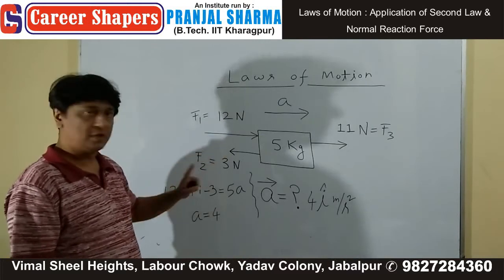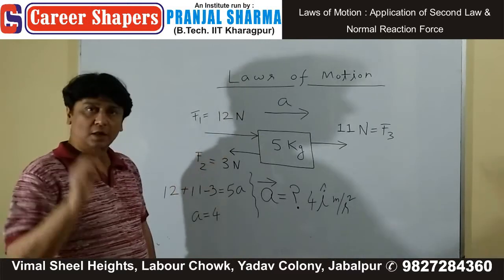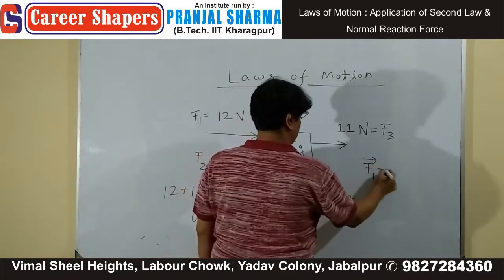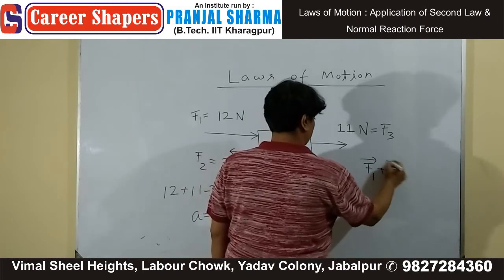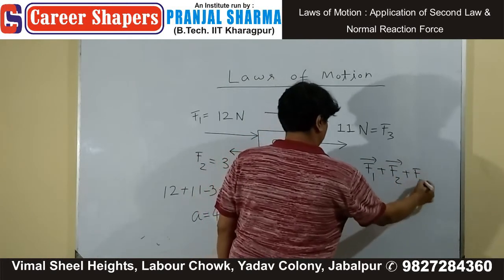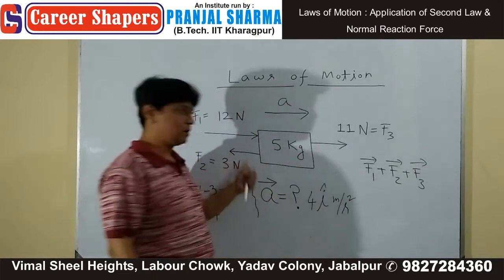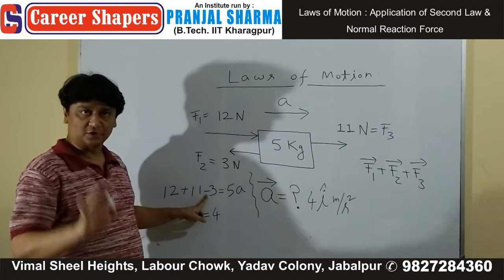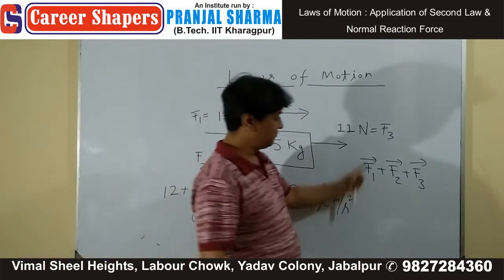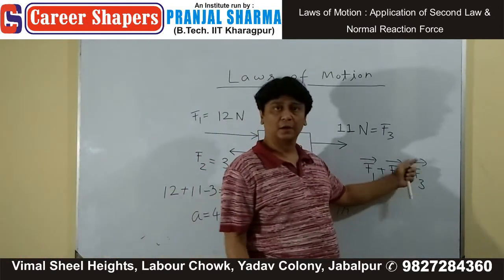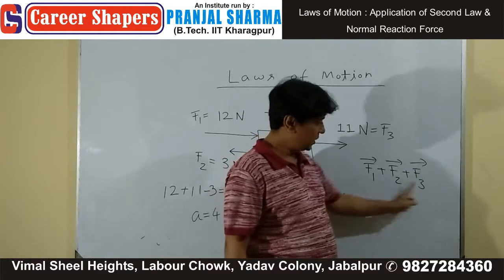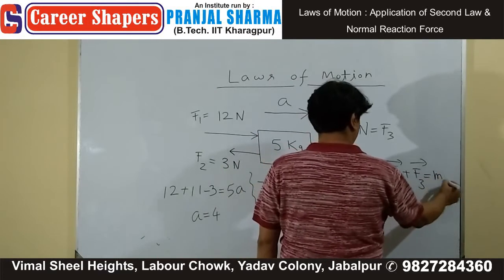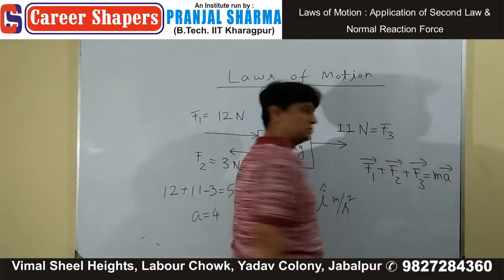F1, F2, F3, there are 3 forces. If somebody asks you to handle the whole thing vectorially, you don't have to worry about their directions as of now. You don't have to worry about this minus sign as of now. Simply write F1 plus F2 plus F3. Vector sum is always written in this form, is equal to mass into acceleration.